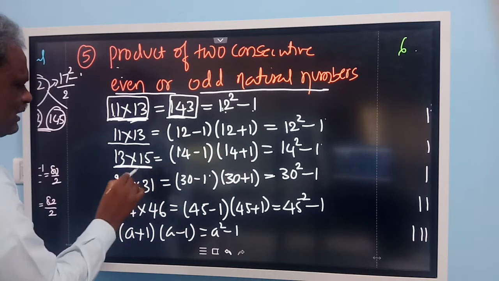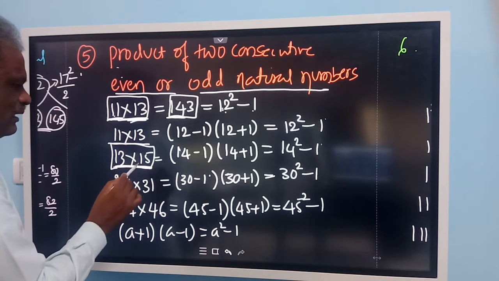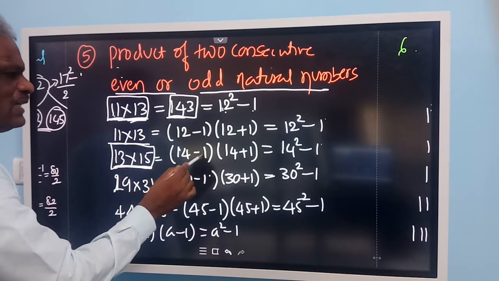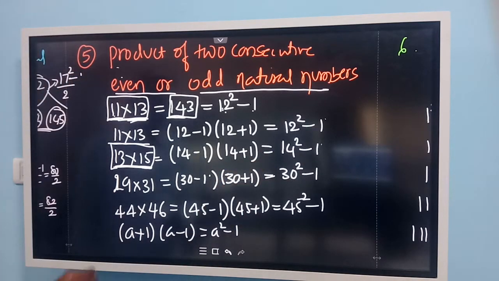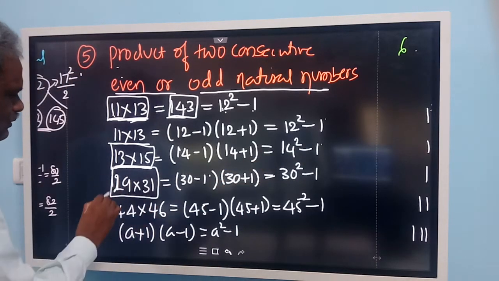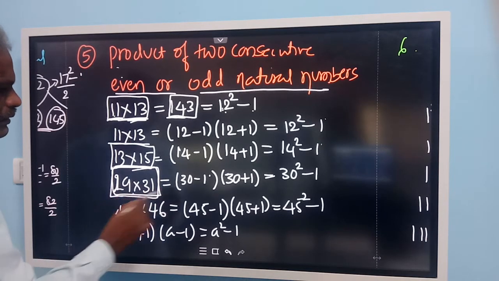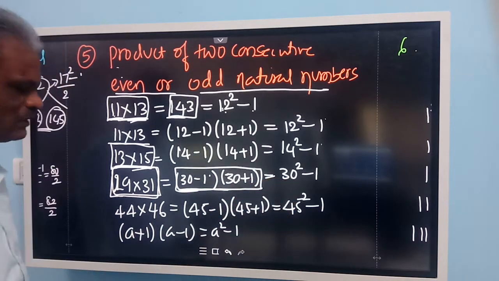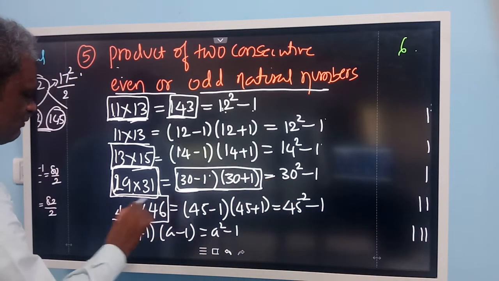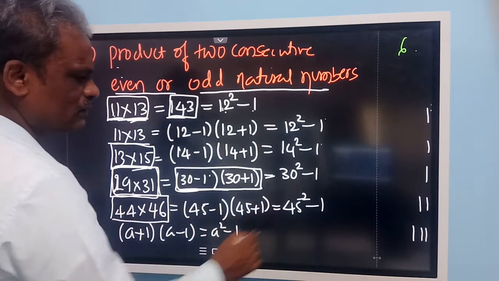Now 13 and 15 can be written as, can you tell me directly? The number between is 14, so 14 minus 1 into 14 plus 1, that is 14 square minus 1. Now 29 and 31. What is the number between 29 and 31? 30 minus 1, 30 plus 1, 30 square minus 1. Between 44 and 46, we have 45: 45 minus 1, 45 plus 1.